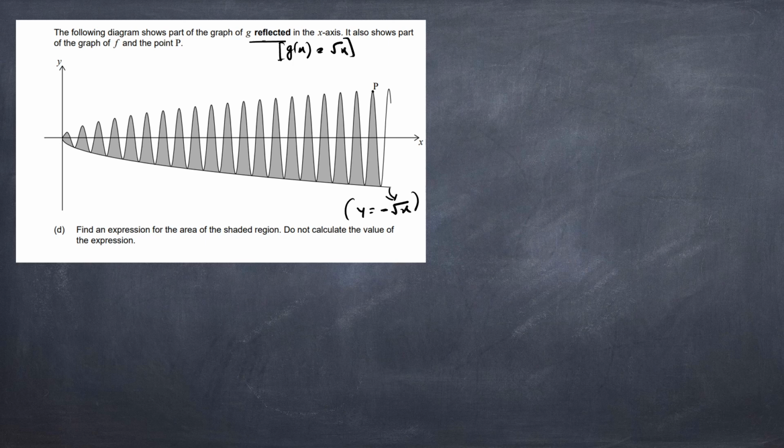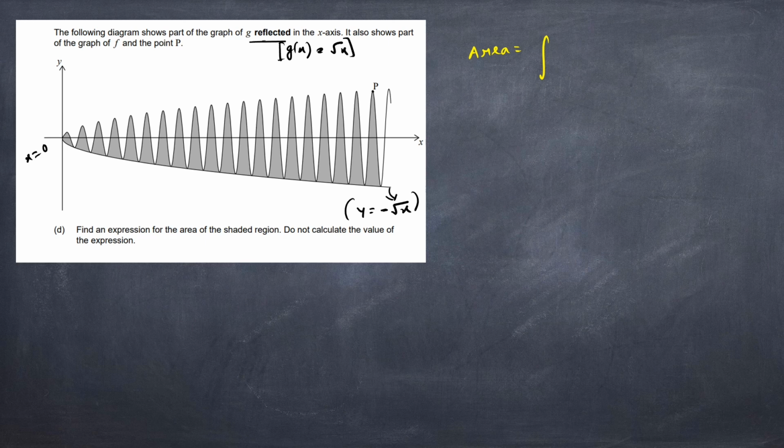Now find an expression for the area of the shaded region. Do not calculate the value of the expression. So we just need to calculate the shaded area. So for that we need integration. So the area is equal to an integration, and the first meeting value is at x equals 0.